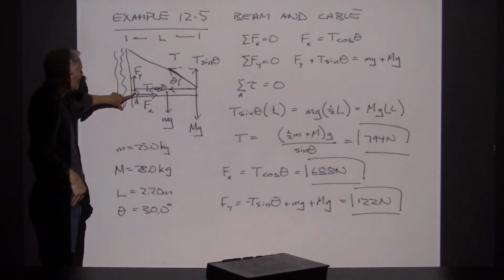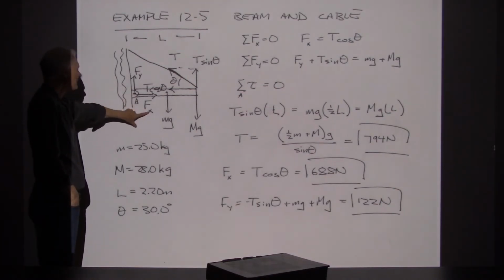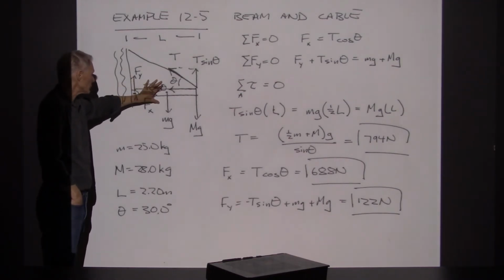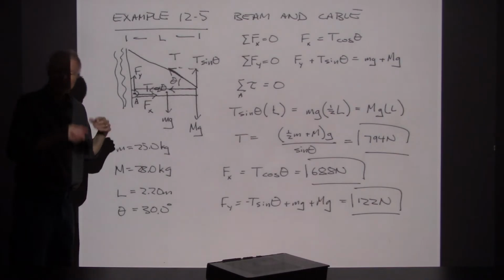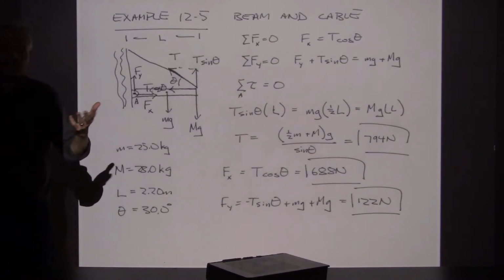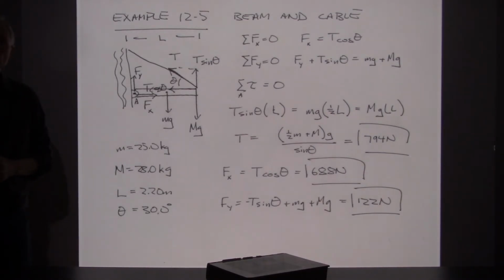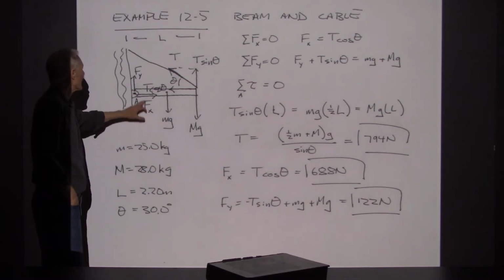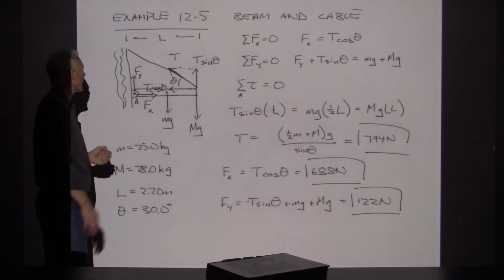I want to start with point A because I don't know what Fx is, and I don't know what Fy is. The beam itself is rigid, and so Fx and Fy could have any values. There's no fixed value for those.